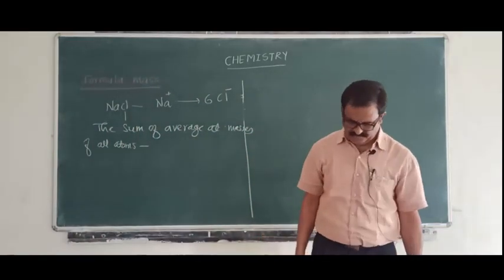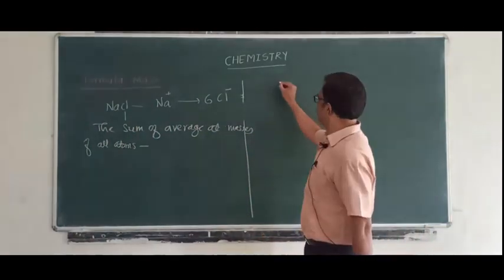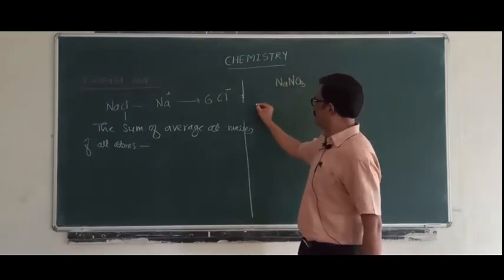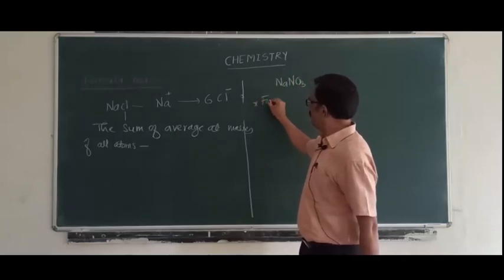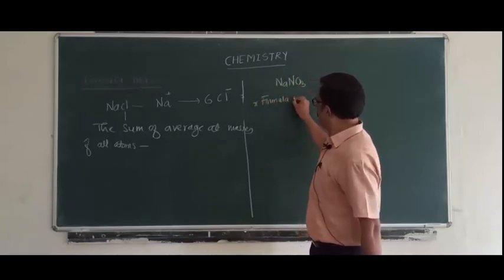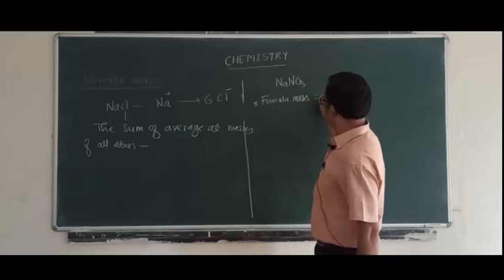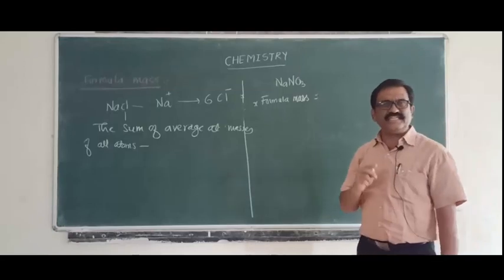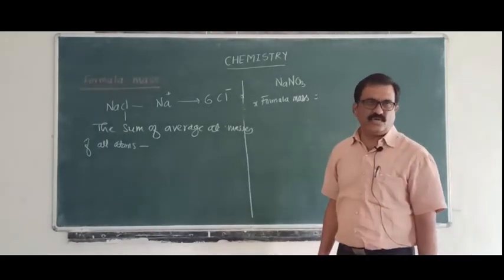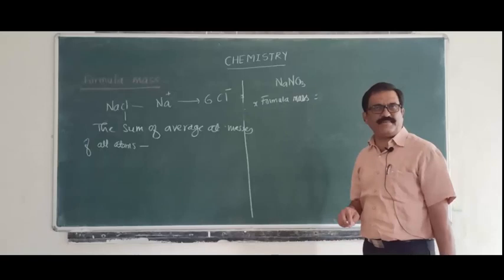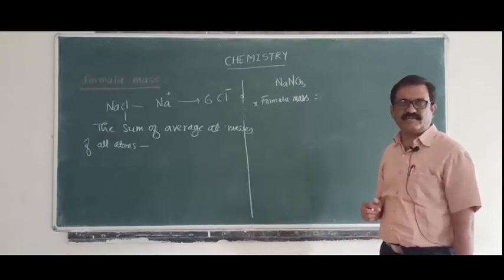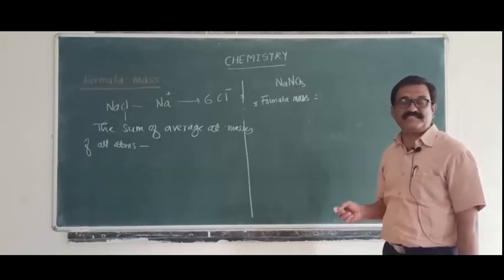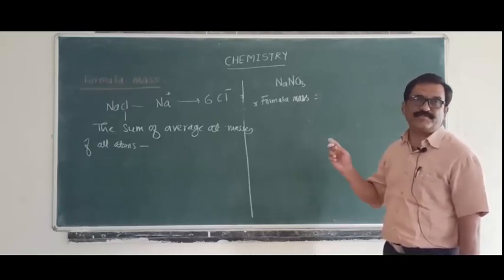For example, we can consider a simple example of sodium nitrate, NaNO3. Hence, the formula mass of sodium nitrate is equal to... But keep one thing in your mind, that to calculate either formula mass or molecular mass, first of all, decide the number of elements or the type of elements present inside this formula.